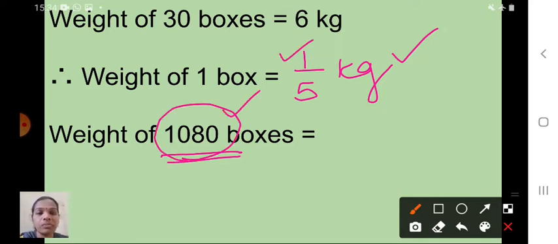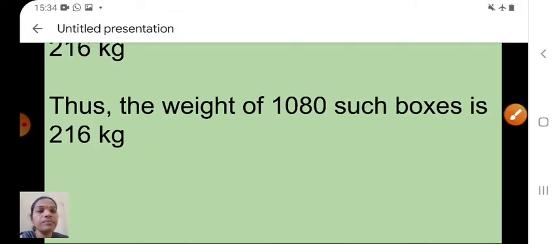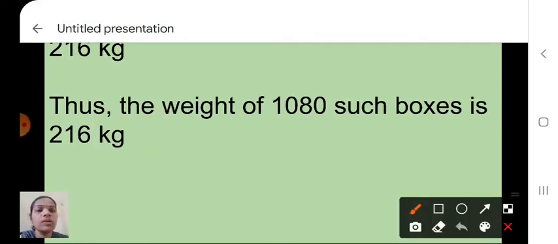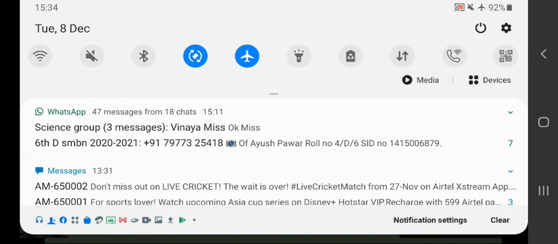How you have to multiply? Yes, 1 upon 5 into 1080. Okay, so here multiplication is there, so you can cut these two numbers. Understood, children? So I hope you understood this one. See here. So as I told, 1 upon 5, yes, here 1 upon 5 will come.